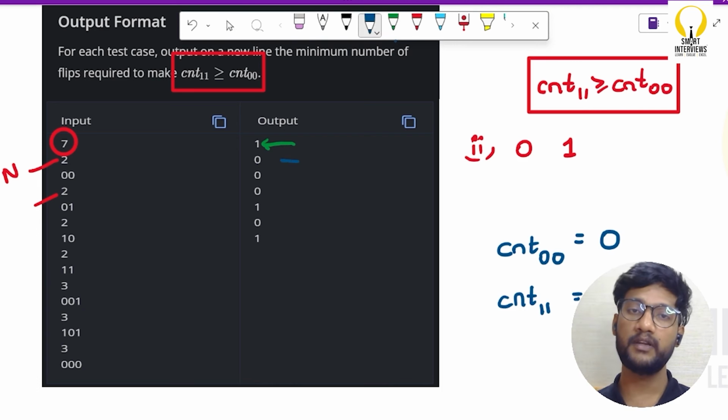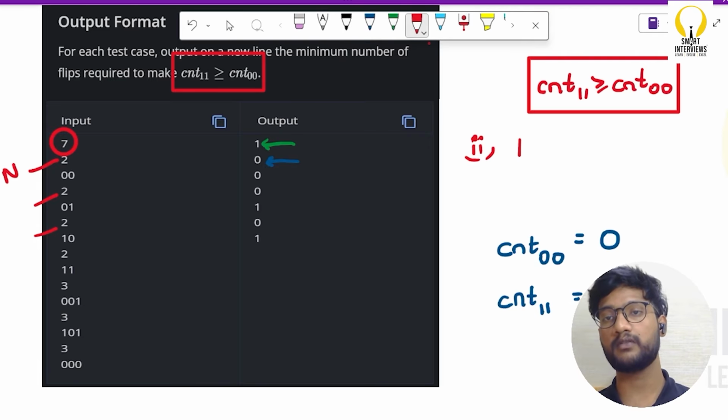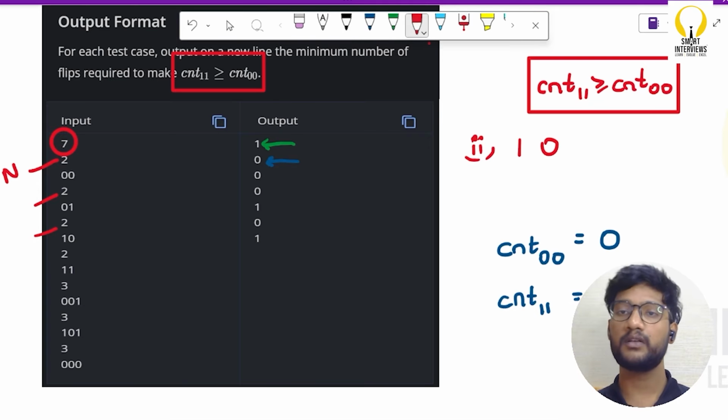So the output will be 0 itself. Moving to the next test case, it is again 1 and 0. Both will be equal, so the answer will be 0 itself.